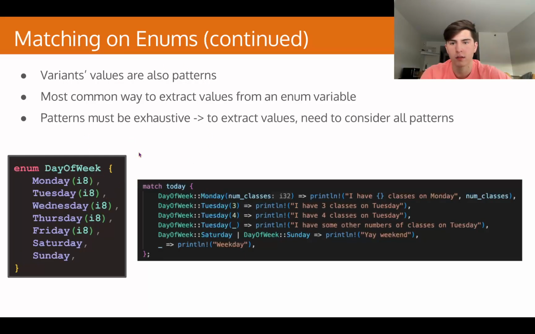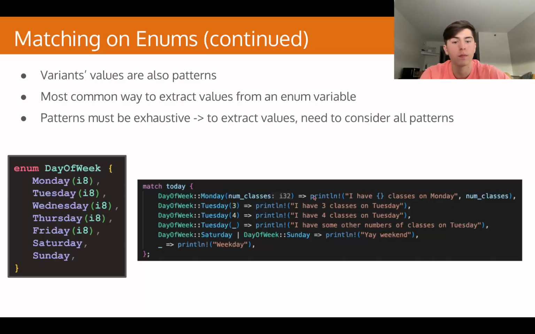use this to match based on the number of classes. We can use the values of the variants in the match statements. Or you can define a variable in the match statement to be used later. Like for example here, Monday, you have a number of classes.